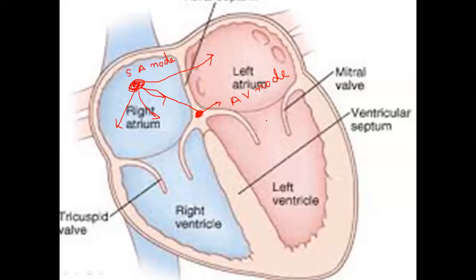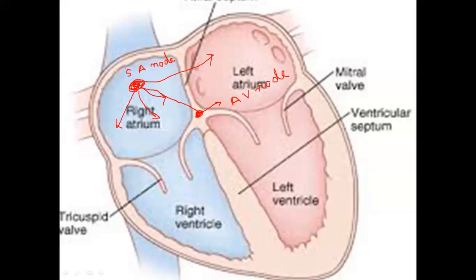And remember, these valves are made up of fibers. Through fibers, an electric impulse cannot be transmitted, or you can say that these fibers are insulators. So it means the impulse has to pass through the septa only.